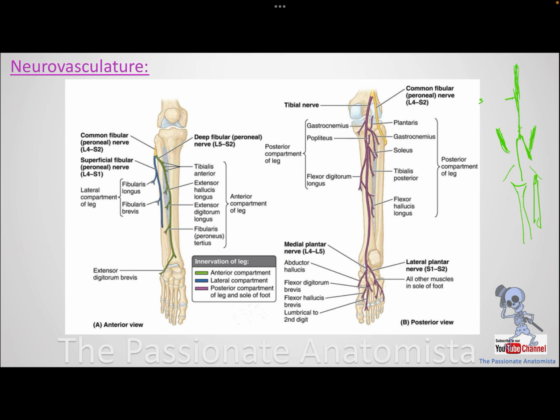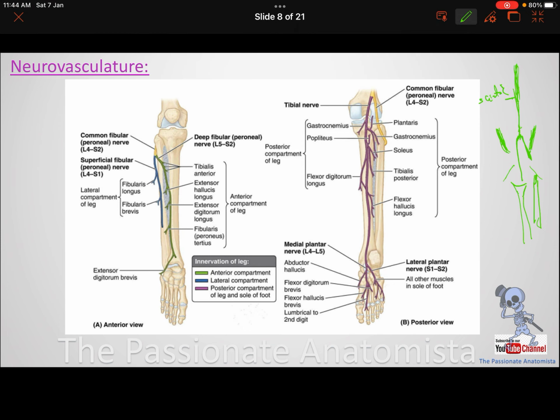So as the sciatic comes down to the popliteal region, it will split itself, like you see here, into the tibial nerve and the common fibular nerve, one towards the tibia and one towards the fibula.